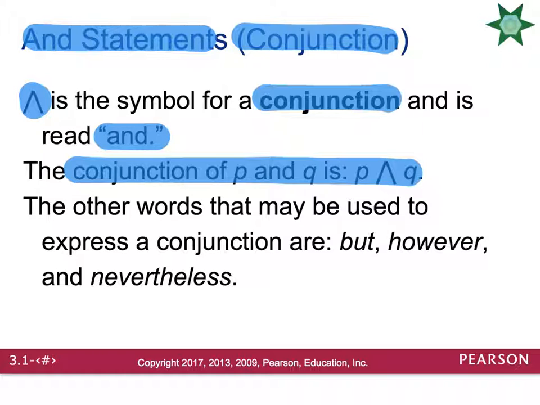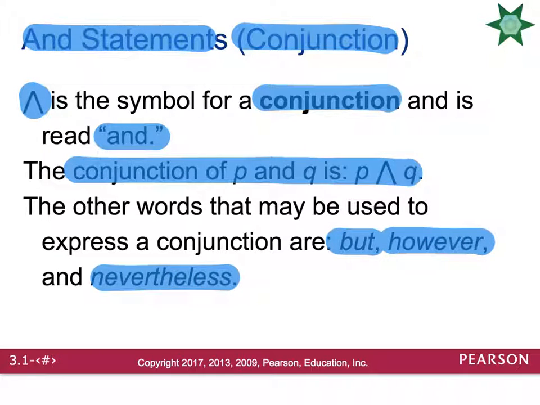Now some of the words that we also use besides and would be but. So but is used just like and, as are however and nevertheless. Those are all equal to the same thing as and. When you see these words, but, however, nevertheless, kind of think sort of like intersection.